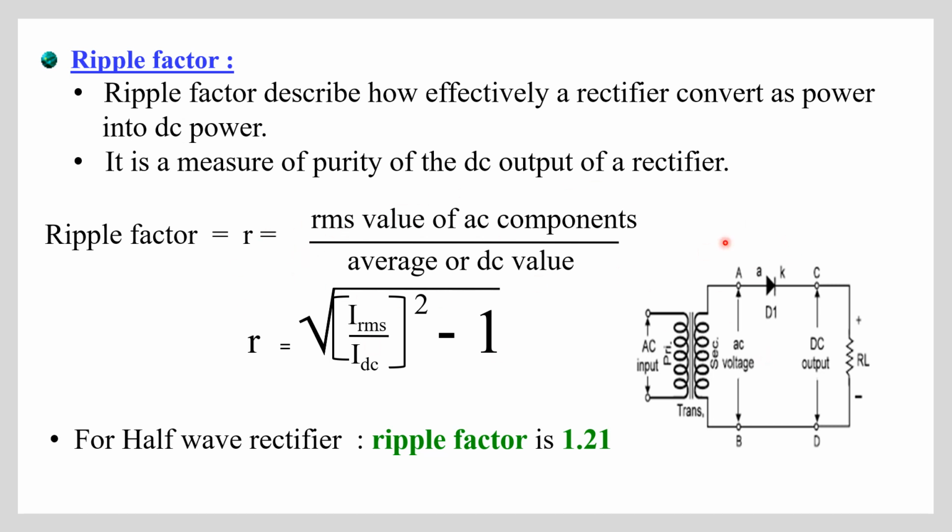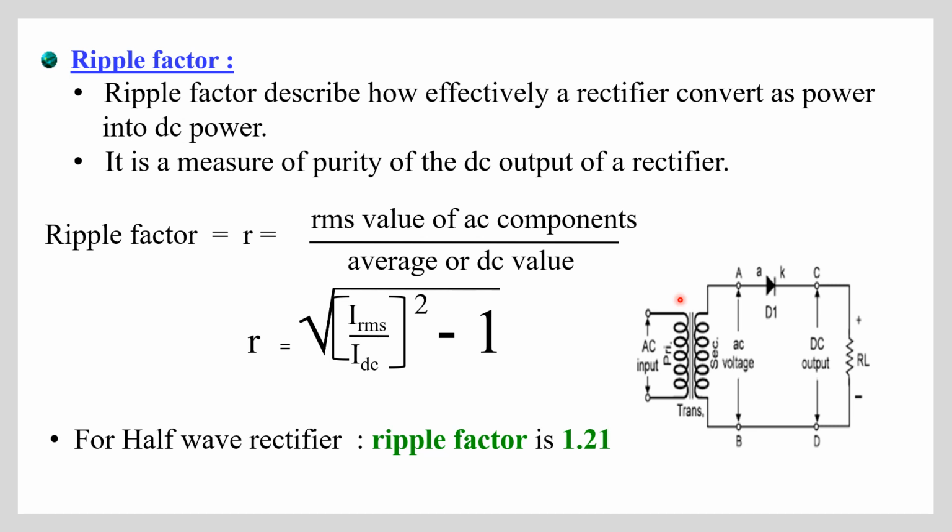So ripple factor is nothing but the ratio of RMS value of the AC component to the average or the DC value. Okay, so the value of the ripple factor for the half wave rectifier is 1.21. Now, the ripple in the output waveform can be reduced by using a filter circuit.